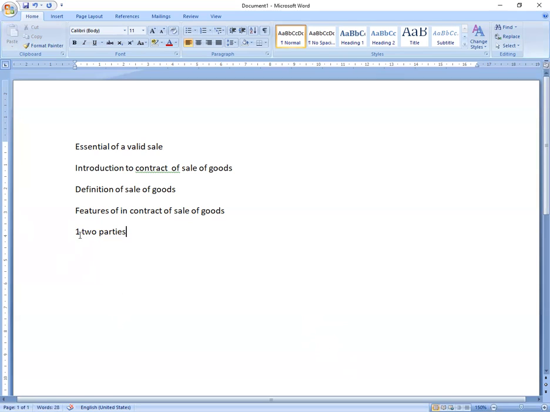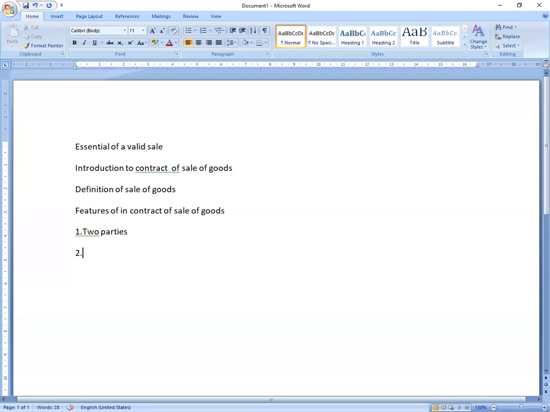There must be two distinct parties, a buyer and a seller. To effect a contract of sale, they must be competent to contract.